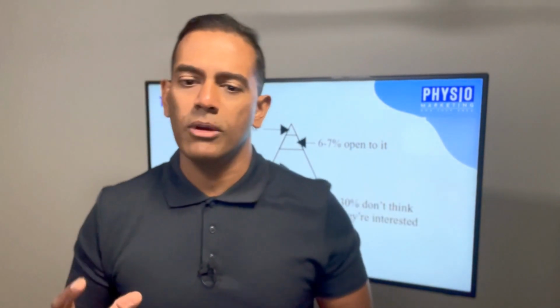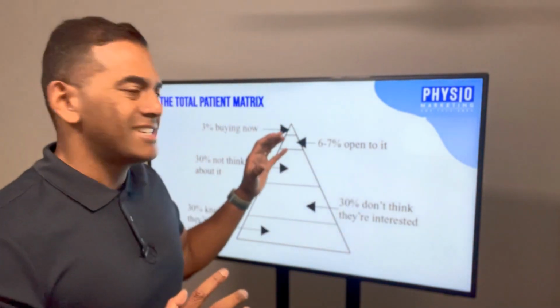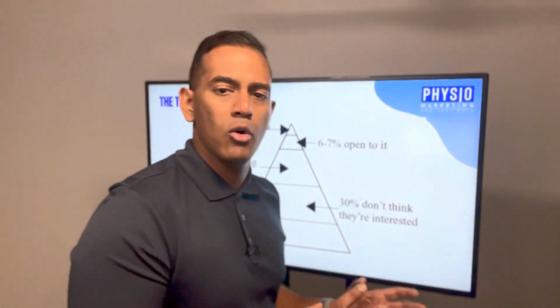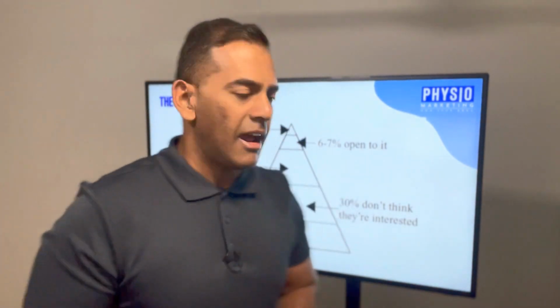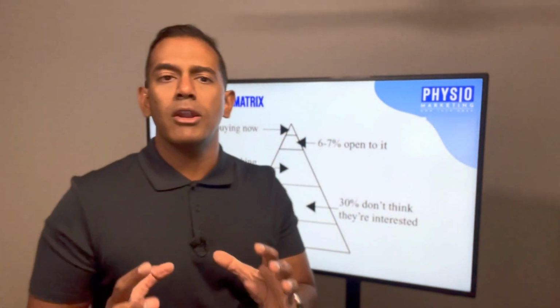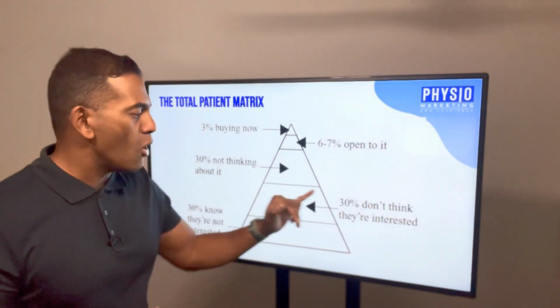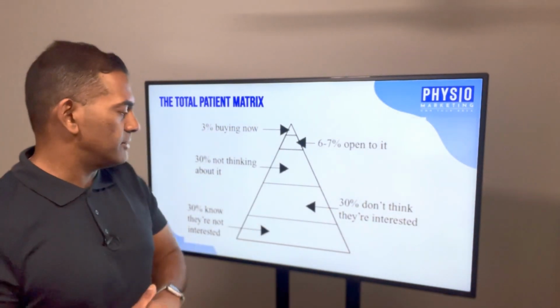For these people, there's a way to target them with Google Ads because they won't typically be typing into Google. There is a way to get in front of them, which I'll share a bit later on. But the ones you're really looking to get are the top 10% who are ready to come over.